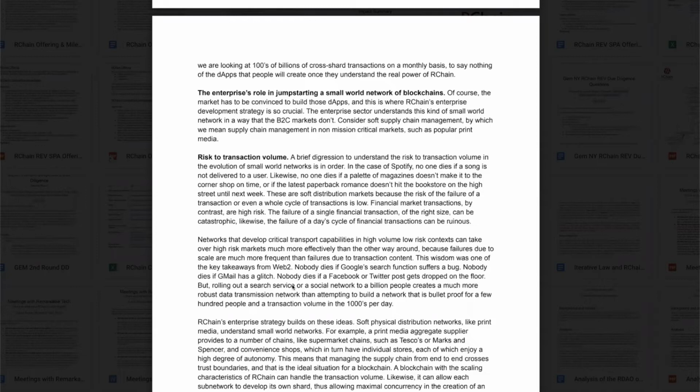And as a result, we need to have a robust, decentralized supply chain solution. And so rolling out in this way makes the most sense for our chain's goals and for maximizing investors' return, right?